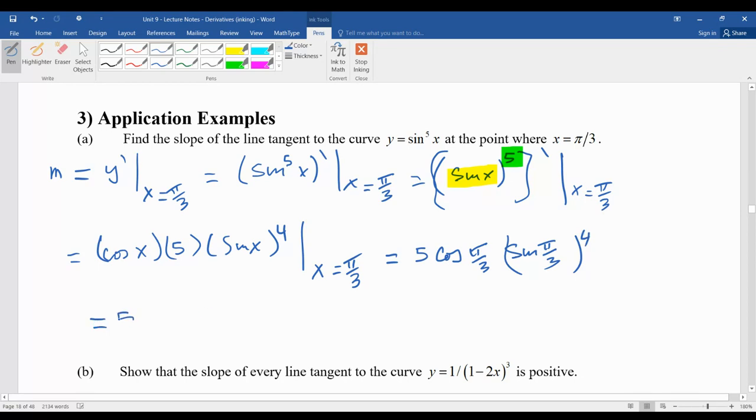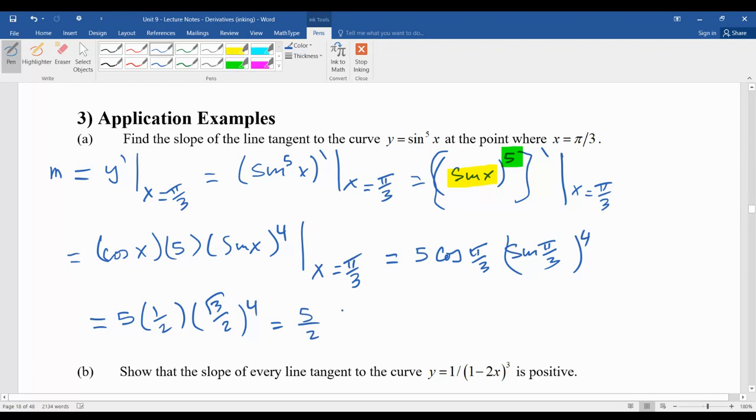Now, what is cosine of pi over 3? Going back to the unit circle, cosine of pi over 3 is 1/2, and sine of pi over 3 is root 3 over 2, to the fourth. Now we need to simplify 5 over 2 times root 3 to the fourth.